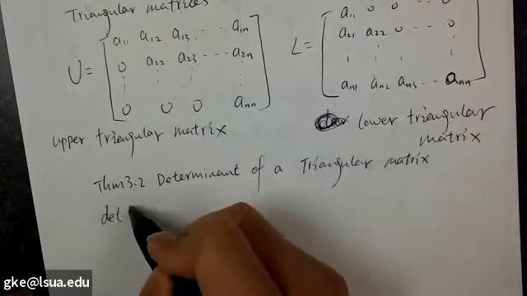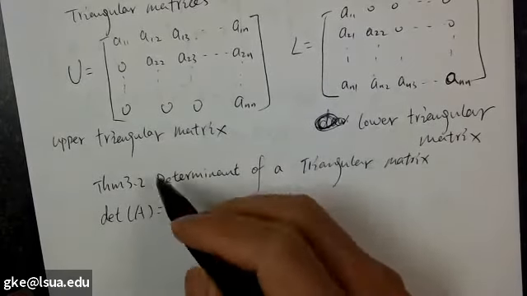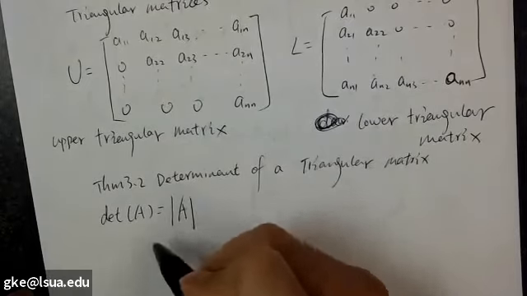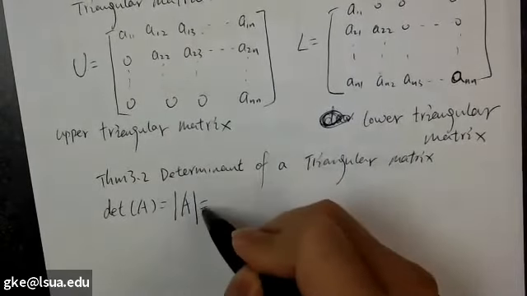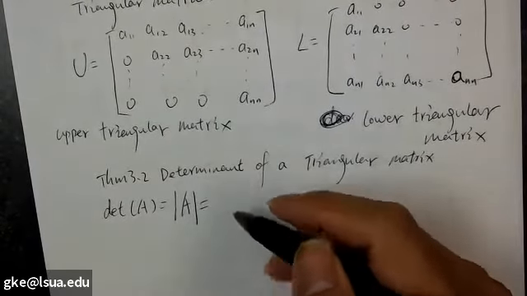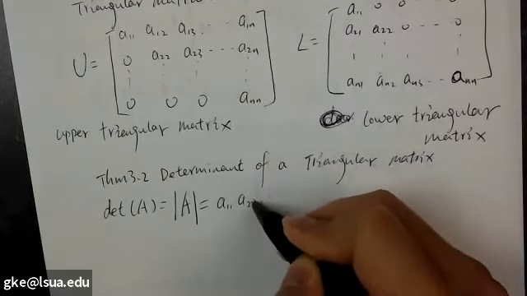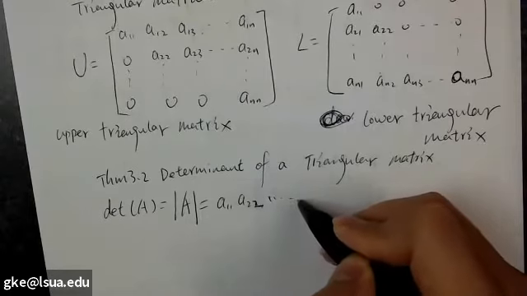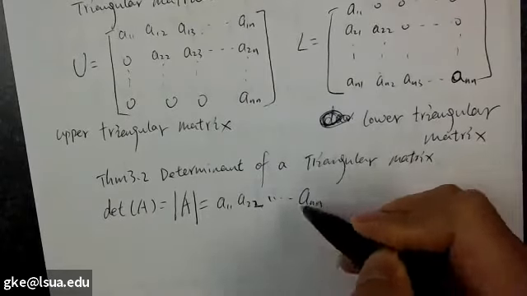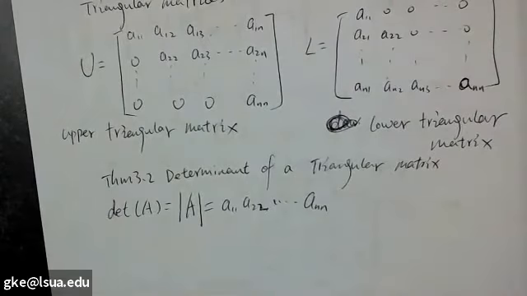Determinant A is the multiplication of all the diagonal elements. Okay, that's the most important property for the triangular matrix.